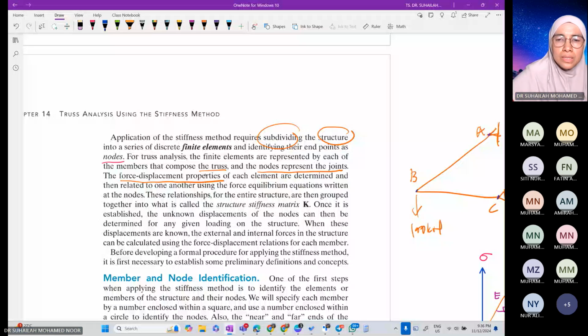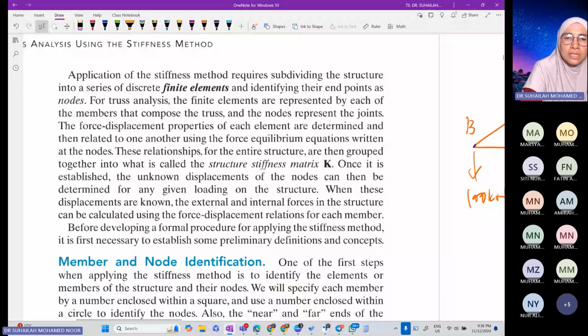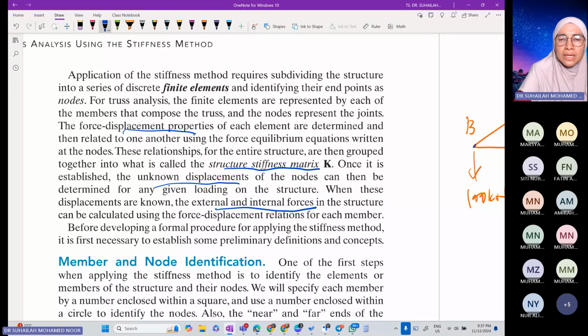Okay. Let's see what else it highlights. Structure stiffness matrix, unknown displacement and forces. Okay, these are the three main steps. We must calculate K, which is in matrix form, the structure stiffness matrix.